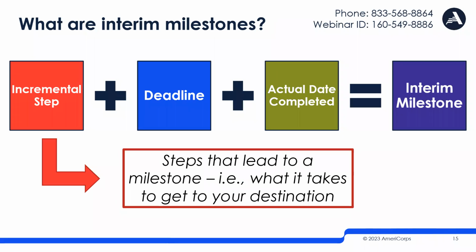Those three pieces of information can help explain how and when, and again, in pretty granular detail, how you're going to tackle and ultimately accomplish and succeed at a particular milestone.